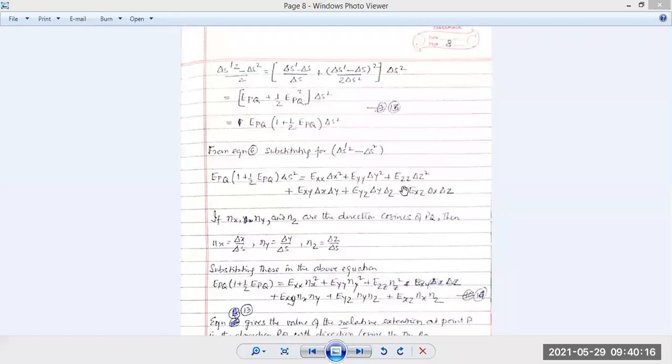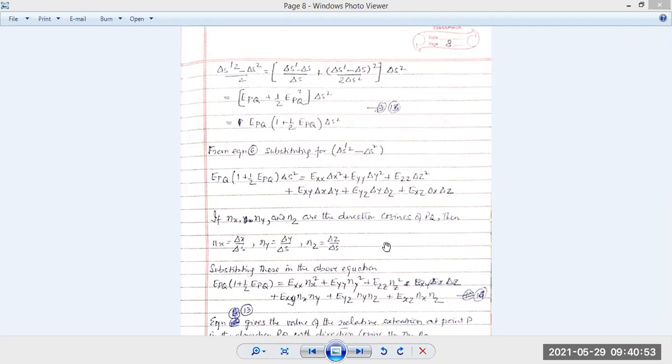Now, if you put this value, this equation, EPQ, half EPQ delta s square, will become in terms of exx, eyy, and exy, etc. The equation reduces to this position here. And if nx, ny, nz are the direction cosines of PQ itself, then nx will be delta x by delta s, ny will be delta y by delta s, and nz is equal to delta z by delta s, because these are the cosines of the constant angles of the line PQ with the x, y, z axes.